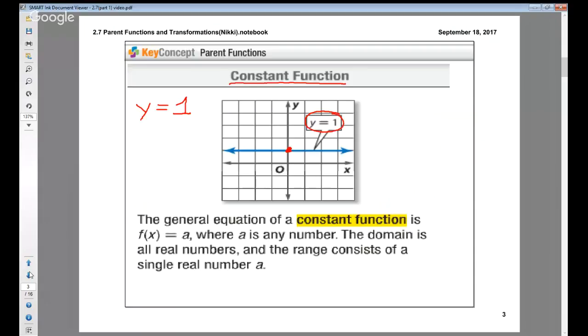They're always a horizontal line. Like say, for example, if I were to graph the constant function y equals -2. So I would go down to y equals -2. Basically start at the origin, go down 2, draw a horizontal line, and that's the graph of your constant function, y equals -2.